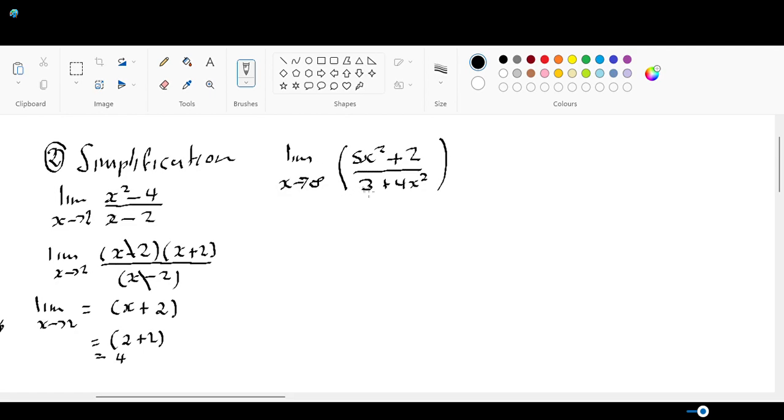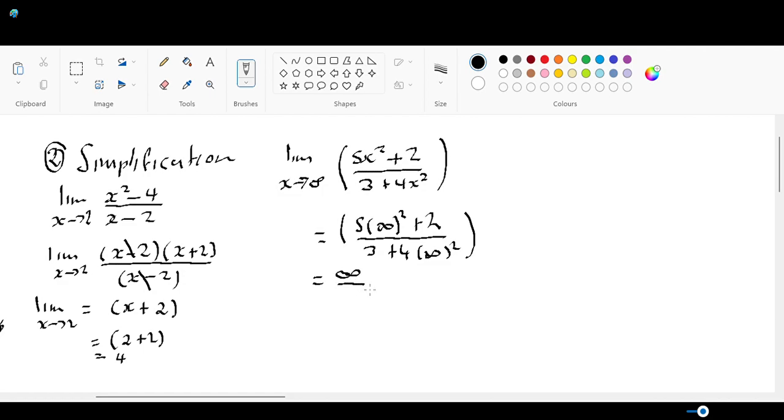And x here is approaching infinity. If you substitute, you're gonna have 5 multiplied by infinity plus 2, over 3 plus 4 times infinity squared, meaning our answer here is gonna be infinity over infinity.